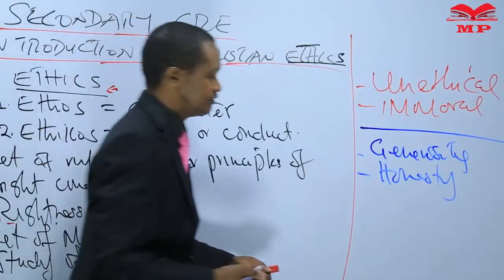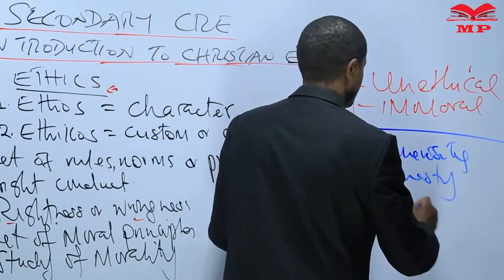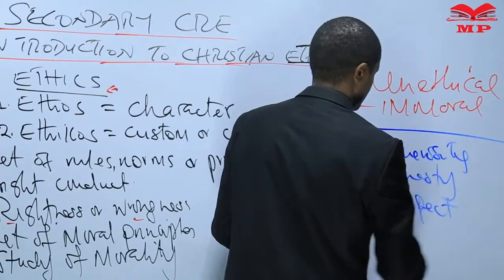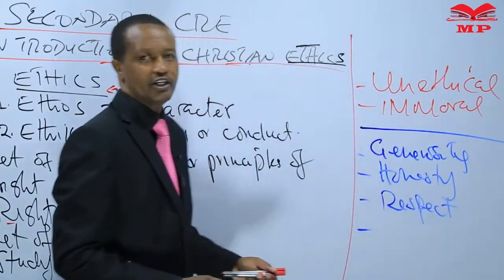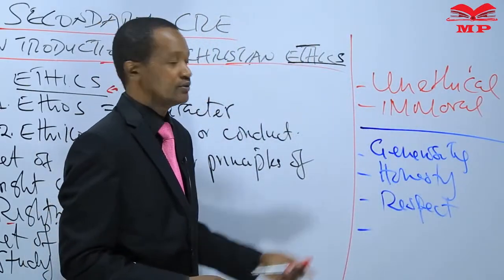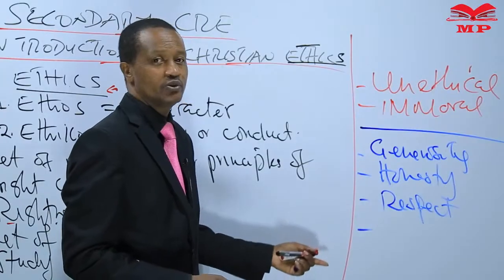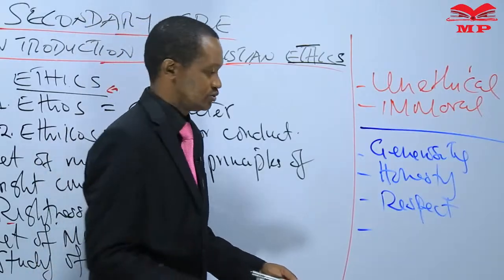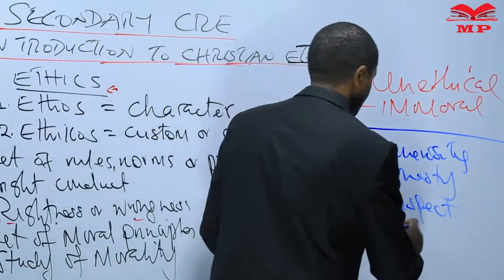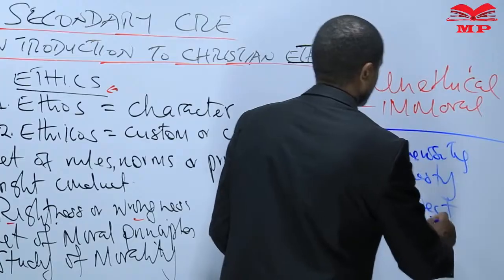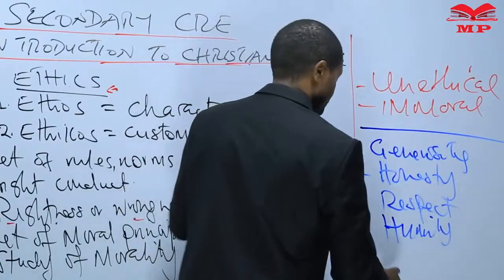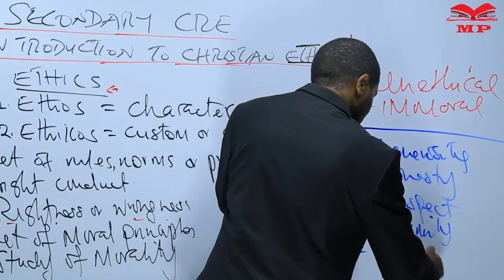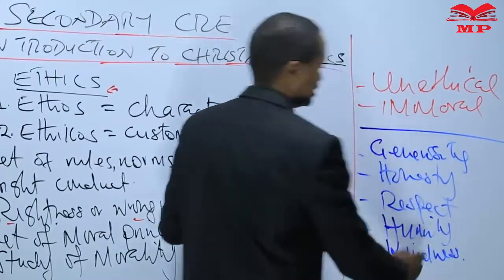We have respect as a value. Respect is also a social value. We are also most of the time told to be humble, humility. There is kindness, and so on.